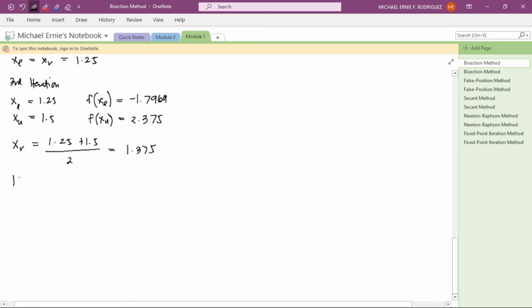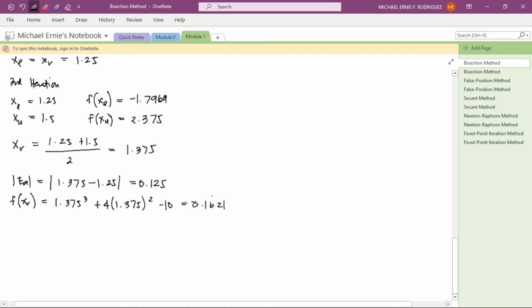Solving now for the absolute approximate error, that is equal to the absolute value of 1.375 minus 1.25, that is equal to 0.125. And then solving now for f of x sub R, that is equal to 1.375 cubed plus 4 times 1.375 squared minus 10 is equal to 0.1621.